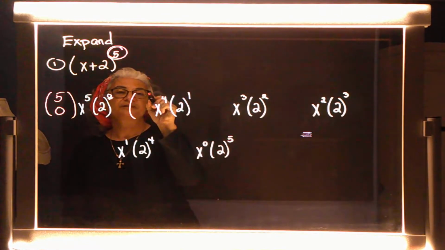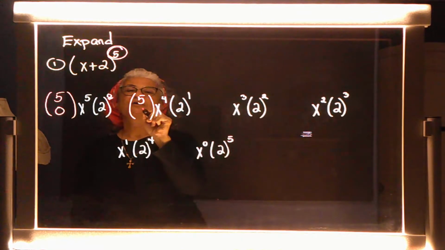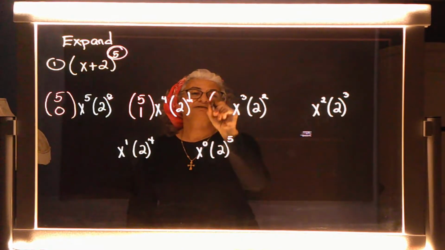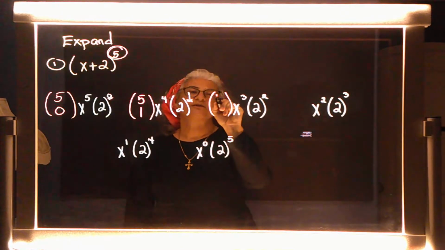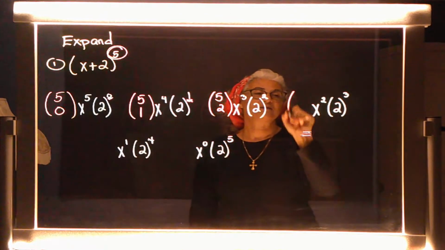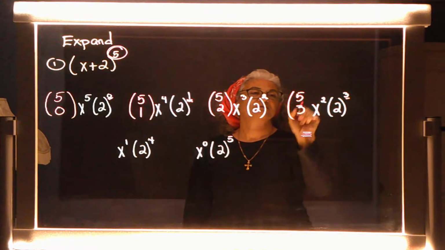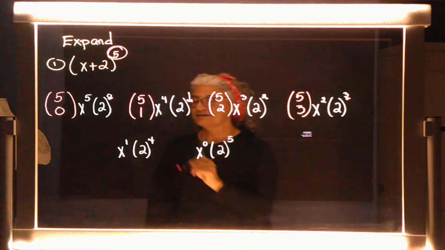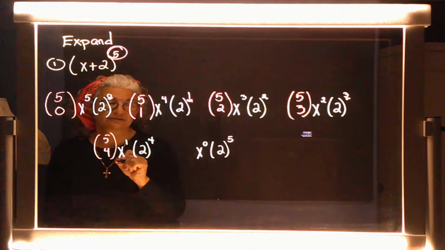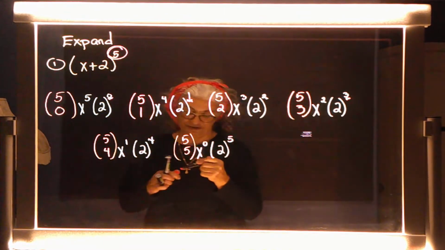Here, for this particular term, good, 5 choose 1, the power on the second variable. On this one, what would it be? Good, 5 choose 2. This one, 5 choose 3. This one, 5 choose 4. And last but not least, 5 choose 5.